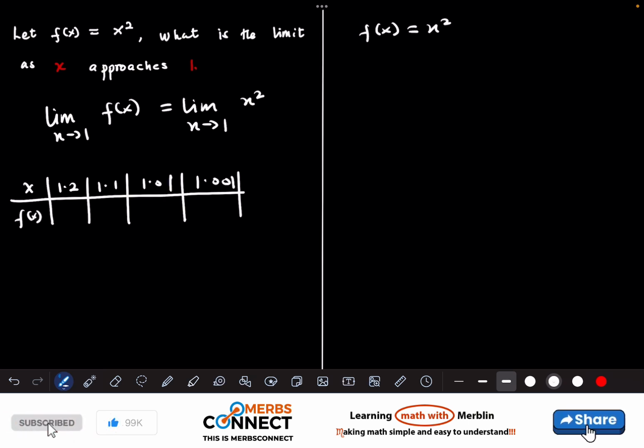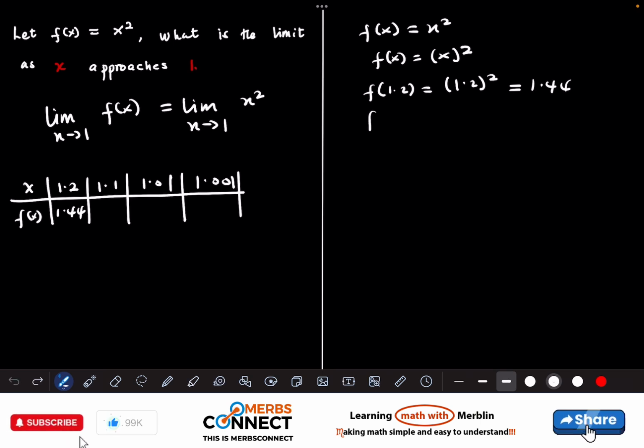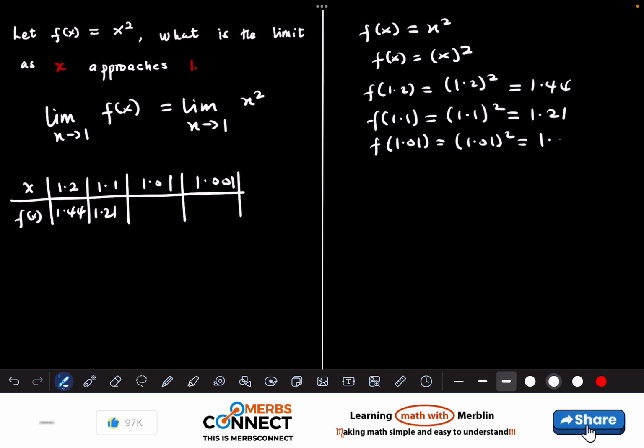So f of x is equal to, in brackets, squared. Now when x is 1.2, we have 1.2 squared, which gives 1.44. When x is 1.1, 1.1 squared gives 1.21. When x is 1.01, 1.01 squared gives 1.0201.